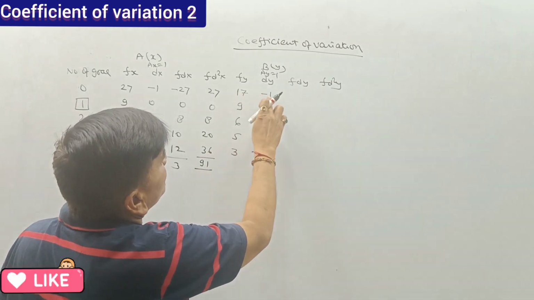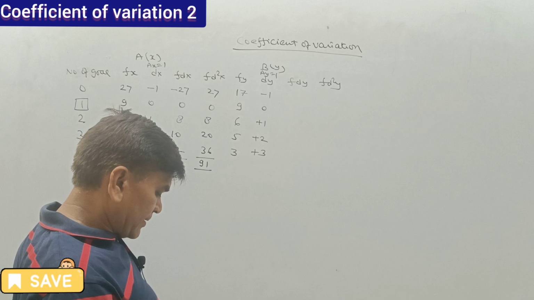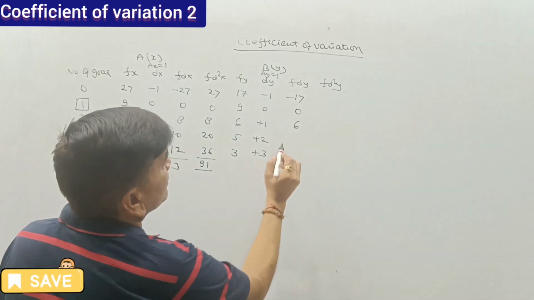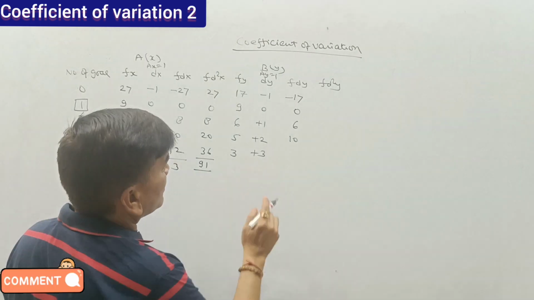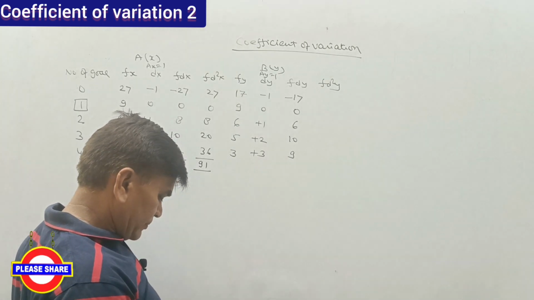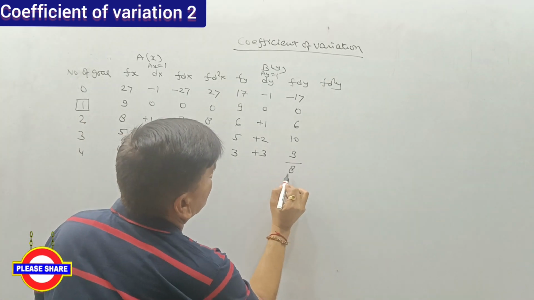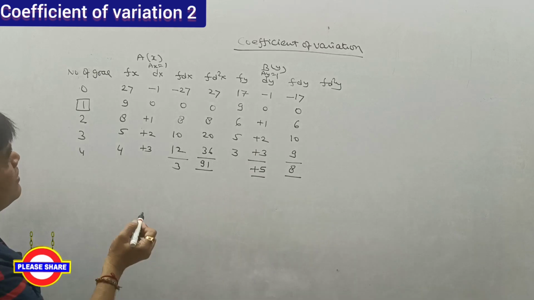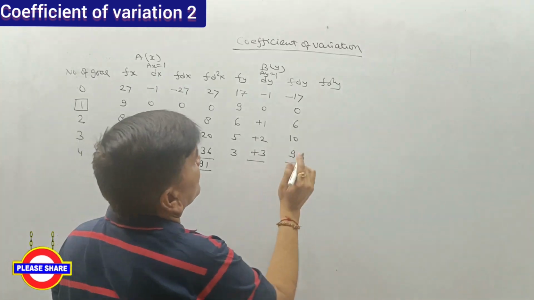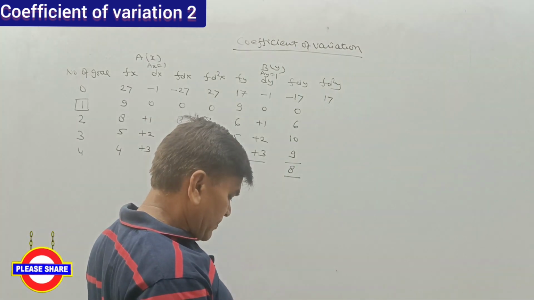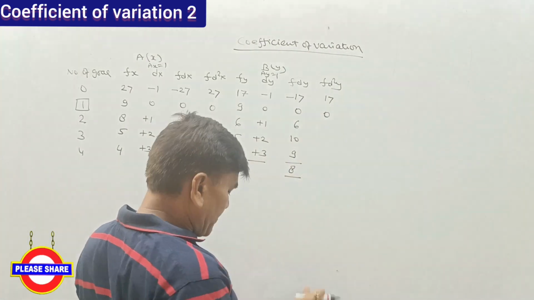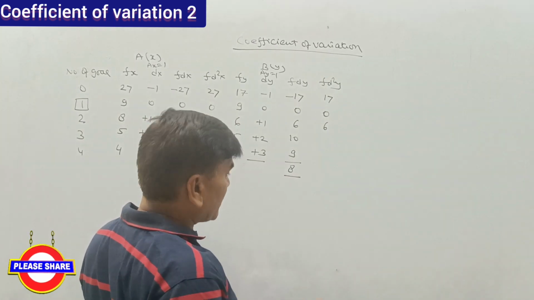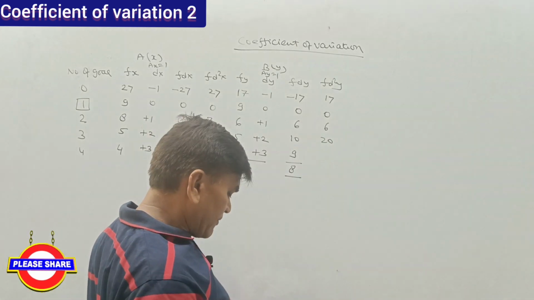Now f of y multiplied by dy: 17 minus 1, 0, 6 plus value, then 10 plus value, then 9 also a plus value, so plus 8, and this will have plus 5. 17 multiplied by 1 is 17, 6 multiplied by 1 is a plus value, 10 multiplied by 2 is 20, 9 times 3 is 27, also a plus value.